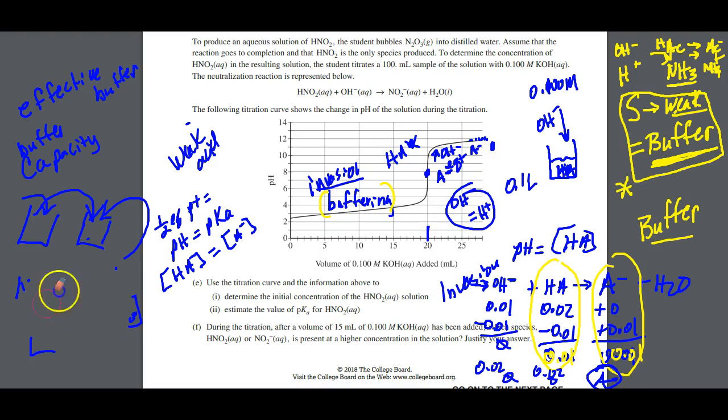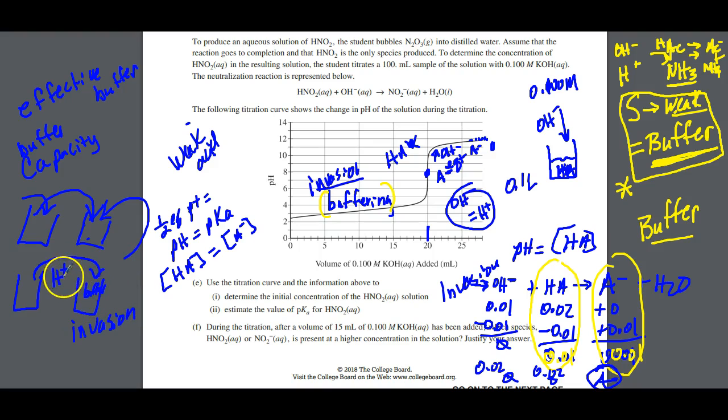But even if you have this, what would it look like if we had a buffer solution and we dumped a strong acid in it? What would that look like? That's called an invasion.